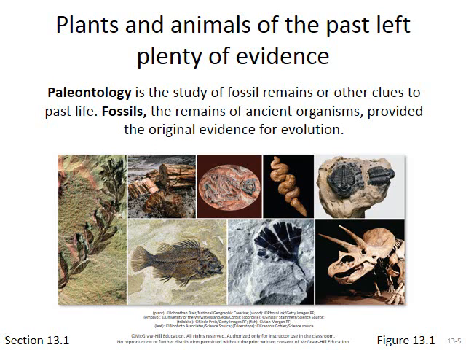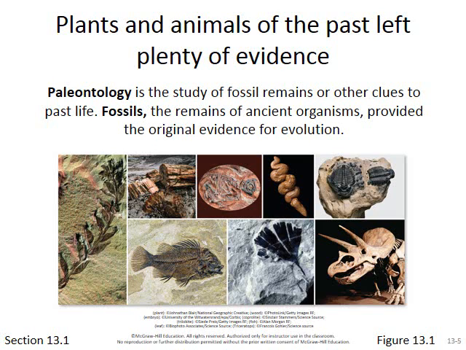So, what are fossils? Well, plants and animals of the past have left lots of evidence of their existence. That evidence could be the organism itself, the structures that are left behind. They could be evidence of their movements, so footprints or trails as they move across the earth. The study of these fossils is called paleontology, and it is studying fossil remains or other clues to past life.